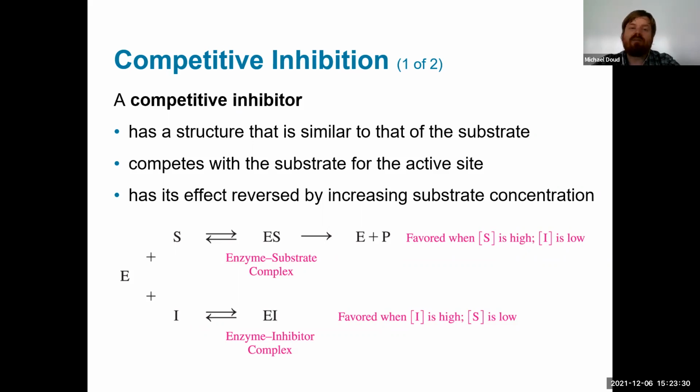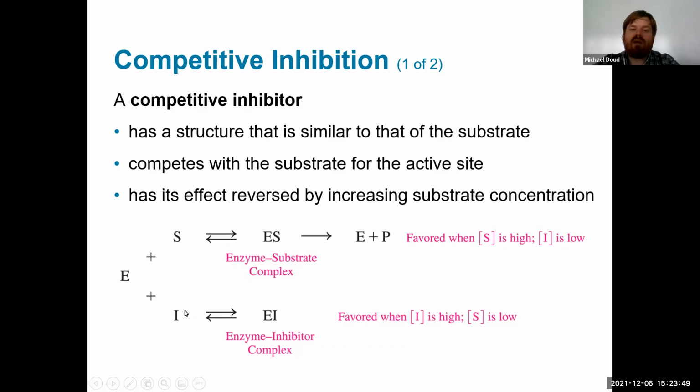So a competitive inhibitor is called that because it competes for the same active site as the substrate. So they tend to have structures that are similar to the substrate, and so they compete for the exact same site. Now, the other good thing about a competitive inhibitor is that it is reversibly binding.